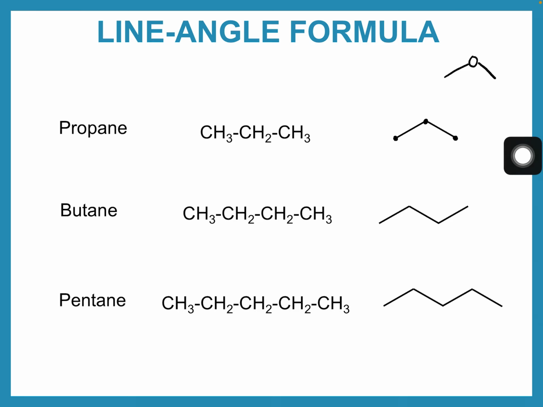And then the part that's not shown is hydrogens, and so the assumption is always that every single atom in there is filled up with hydrogens to end up with the correct number of bonds. Carbons can have 4 bonds, and so any carbon needs to have 4 bonds total.